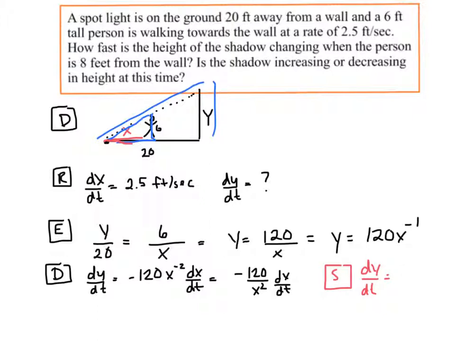So we'd have negative 120 over 12 squared multiplied by 2.5. If you type all this in, you get negative 25 twelfths, and it would be feet per second.